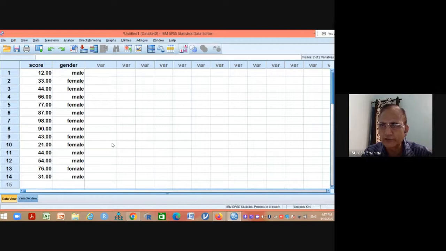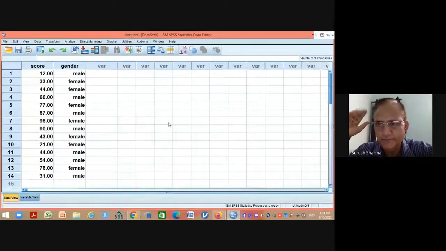And between 30 to 60 will be replaced by 2. 33 will be replaced by 2. 44, then 43, 44, 54 and 31. They will be replaced by 2. And if the value is more than 60, it will be replaced by 3. For example, this will be replaced by 3, this will be replaced by 3, and so on. Hopefully you are following what I'm saying, right?